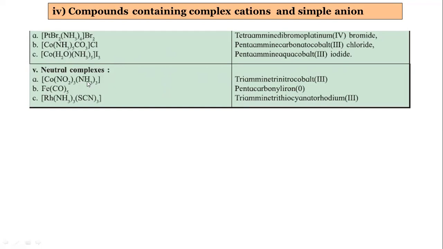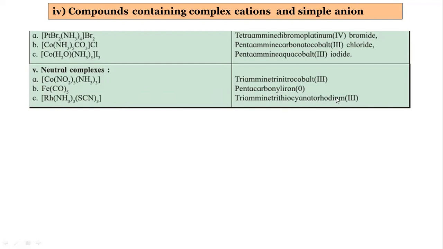So we can identify this complex is neutral. In case of neutral complexes, the nomenclature system is the same, but as the name indicates, in case of positively charged and neutral complexes, the name of the metal will not change. So cobalt remains as it is, iron remains as it is, then rhodium remains, this is the name of the metal.